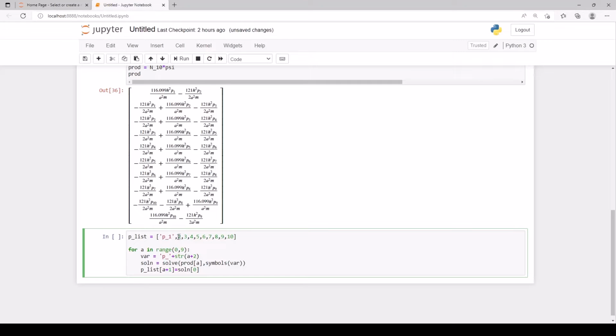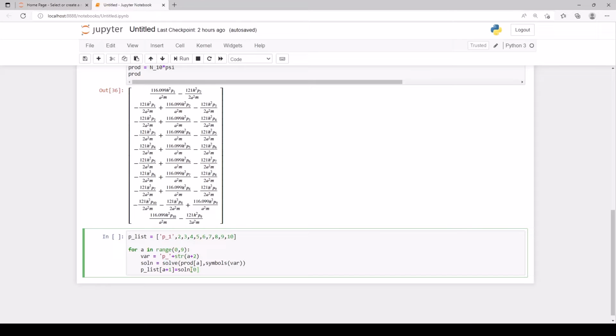So it's going to start here, and it's going to substitute this term with whatever I got here. And the reason why the 0 is here is because solution, this solve command, is going to return a list for me. It's going to return a list of a single item. So I do solution index 0 so that I actually can call that item. Because if I don't do solution 0, it's going to call a list, and that's going to put a list inside my list. I'm going to get like a tuple or something.